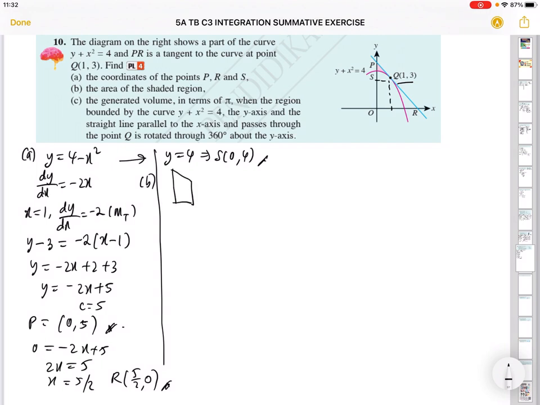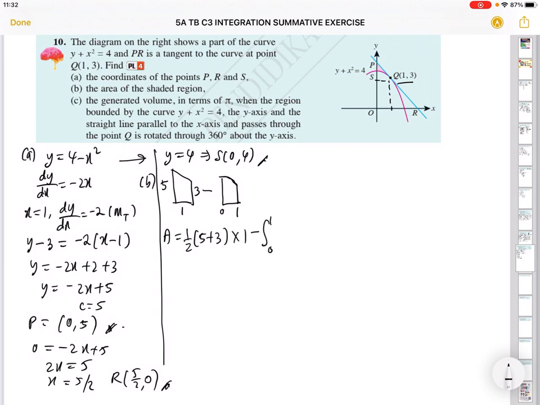And we already know P is 5, so this is 5 here. Q is (1, 3), so this is 3 here. The length is 1. For the curve, we just need to integrate from 0 to 1. So for the area of the trapezium, we just use half the sum of parallel sides times height. Then minus the area of the integration from 0 to 1. My function is 4 minus x squared dx.